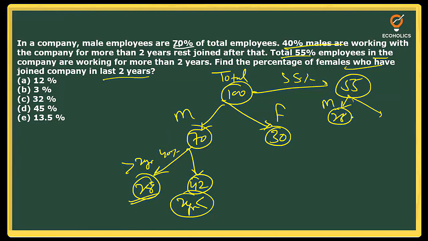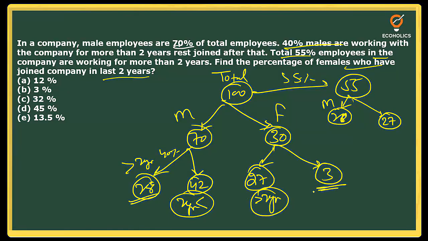So 55 minus 28, I think this should be 27. So 27 females have more than 2 years experience. So how much is left, guys? 3. So these 3 have experience less than 2 years. So 3 by 100, so it will be 3%. So the answer for this question becomes 3%.